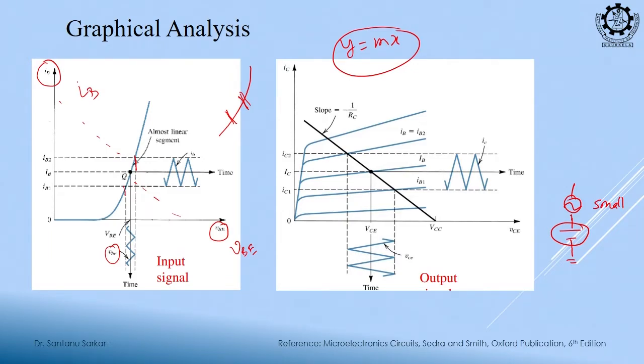Because in this graph we are considering a small section, so that we can approximate it as a straight line, okay. Or we can utilize the linearity, so that superposition and all this is available and it will be easier to calculate. Okay.